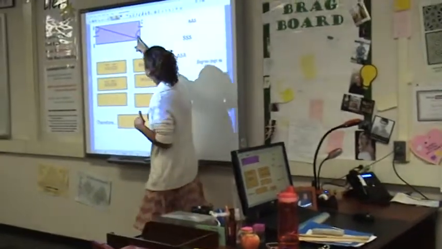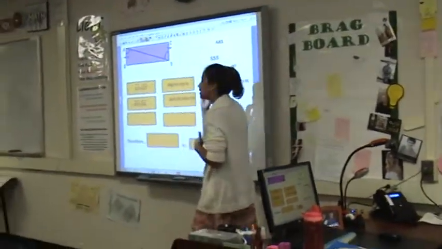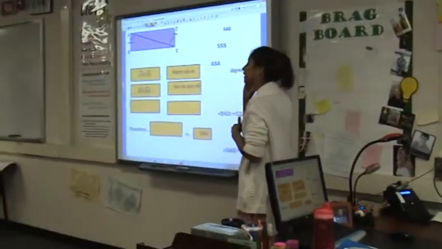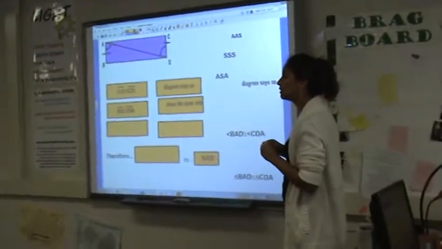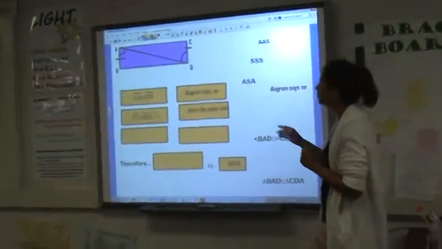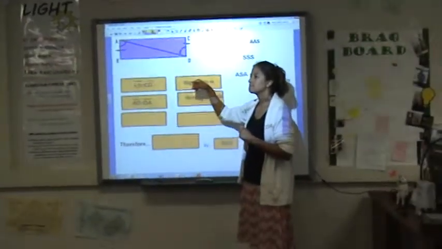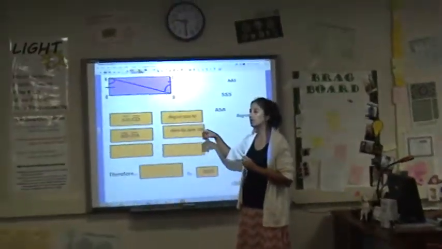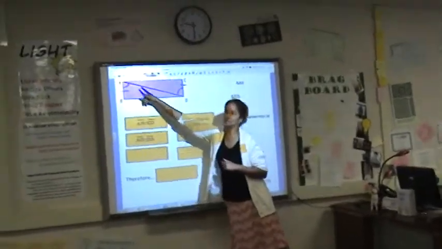Chris, what do these swoopy marks mean? They're angles, and what do they mean about the angles? Jordan, what do the swoops mean?